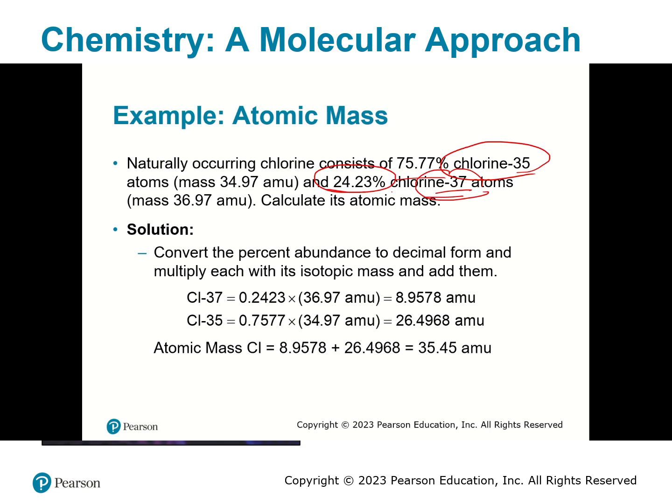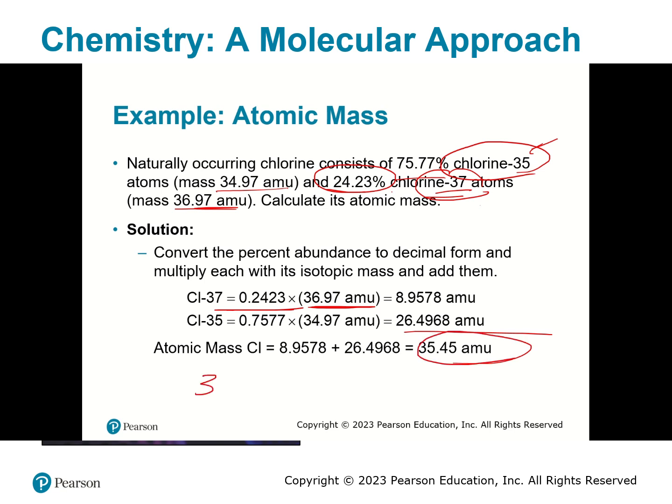I know the final mass must be close to 35, right? Not closer to 37, because I have more 35 than 37. In order to calculate this, I'm going to use the percentage times the mass of each one and then add it together. So my final mass, the average, will be 35.55.